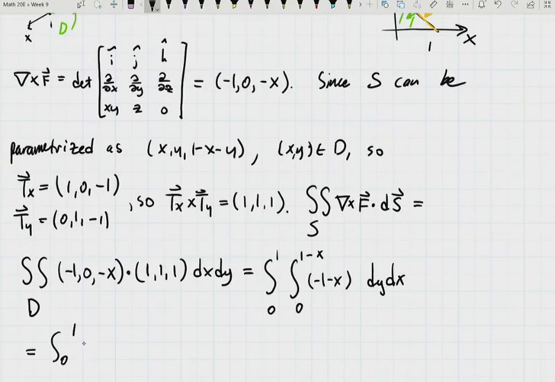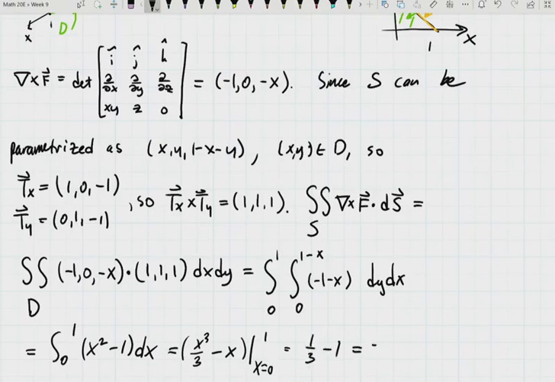That turns into the integral of x squared minus 1 dx. It's x cubed over 3 minus x. So I get -2/3.